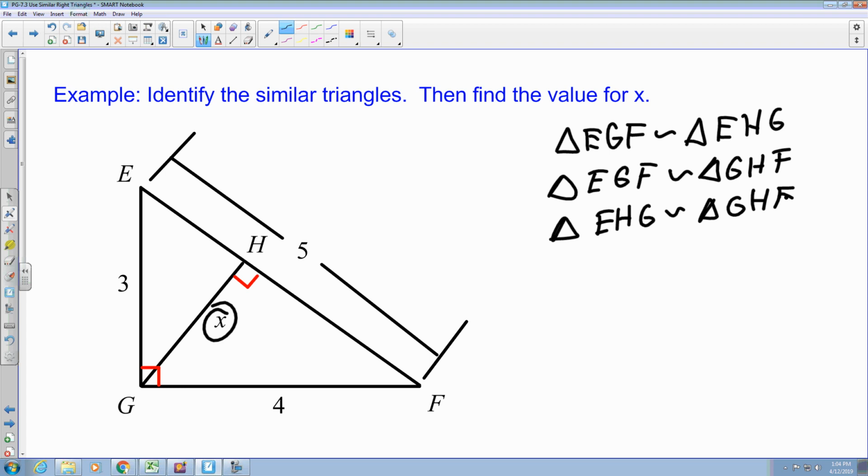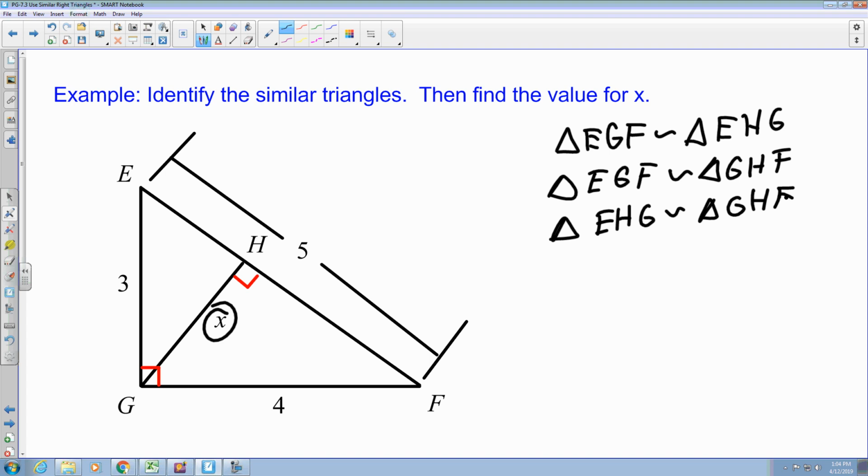When I'm looking at triangle GHF, it's the short leg. So all you got to do is figure out how you want to set up your similarity or your proportion statement, and you just got to make sure you're consistent.